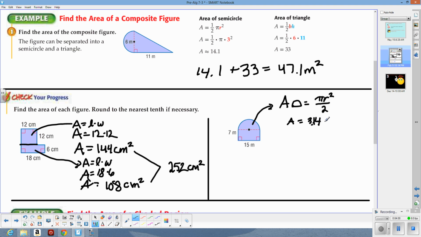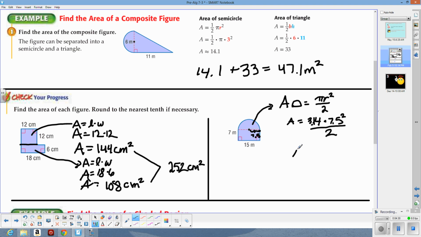So 3.14 times the radius. Now, the diameter is 15, so the radius is going to be 7.5. So 3.14 times 7.5 squared. And all of that is going to be divided by 2 since it's only a half circle. Go ahead and calculate that. 3.14 times 7.5 squared. And that answer divided by 2.